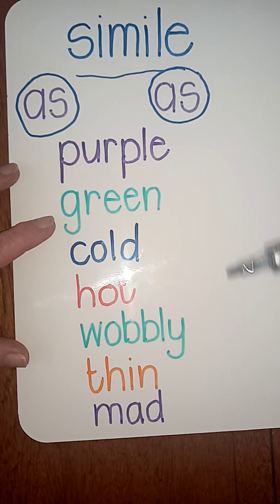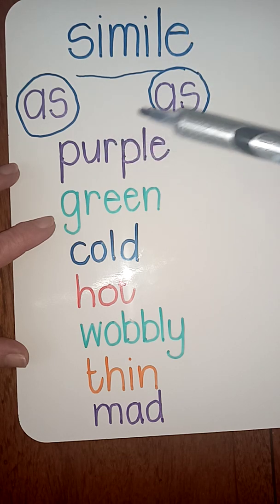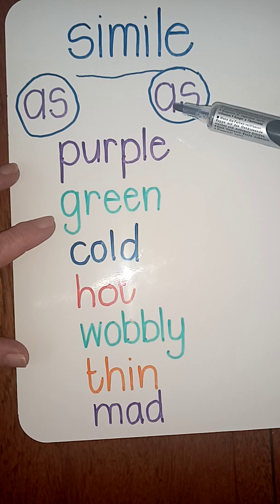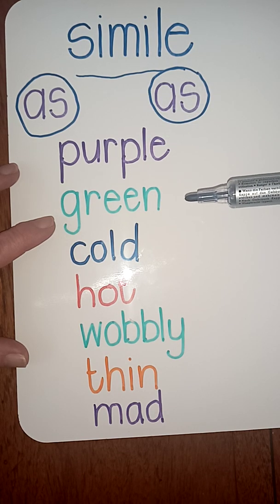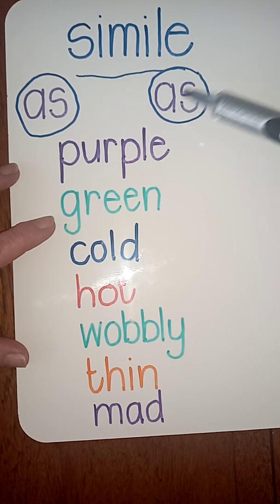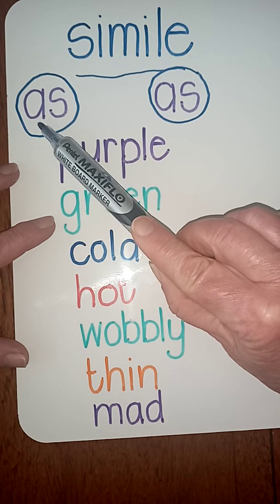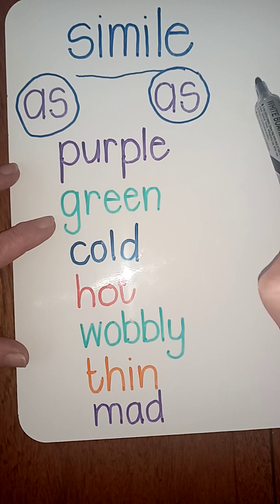And anybody that knows Barney the dinosaur would automatically think of the color purple. And that is correct then, because purple is similar to Barney in the idea of it, because Barney is purple. And when we think of Barney, we see purple. So as purple as Barney, that's our first simile, because we always have as something.